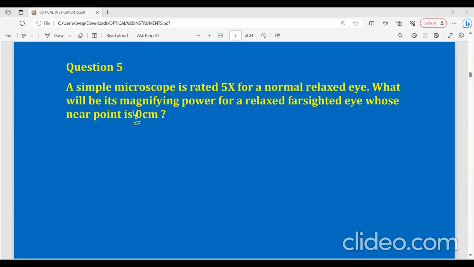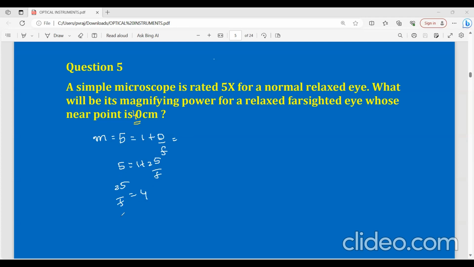In general, for the relaxed eye, the magnification given here is 5, and the formula is 1 + d/f. So 5 = 1 + 25/f. So 25/f will be 5 minus 1, which is 4 only.